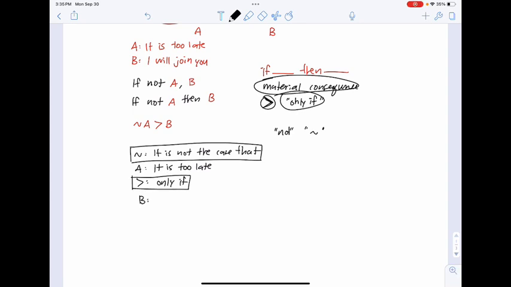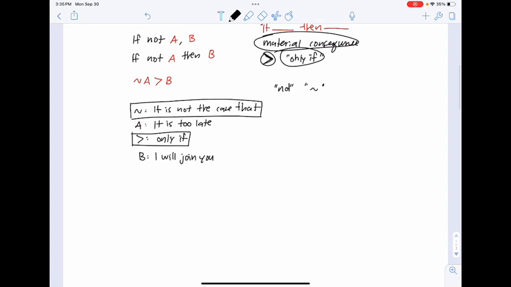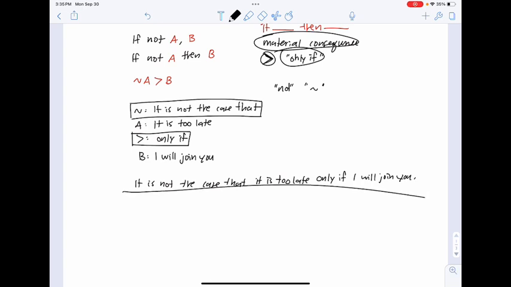I'll box this one to show that it's also constant. And then B is I will join you. So all put together, it sounds like: It is not the case that it is too late, only if I will join you. Okay, that's the correct answer according to the assignment.